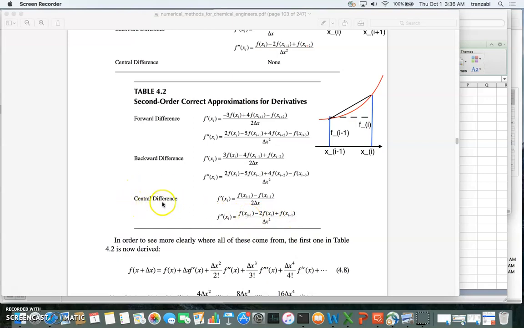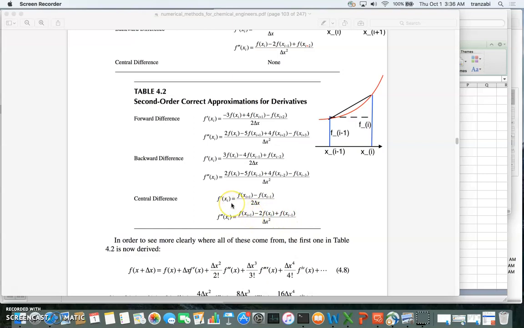As central difference stands for, if we want to calculate the derivative at point I, we need to know both points, the point after xi and the point before xi. And basically in this case, xi is at the center of the distance between I minus 1 and I plus 1.